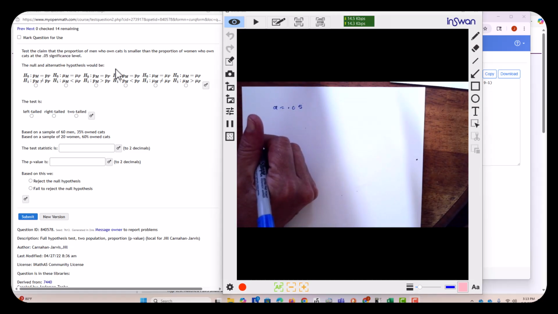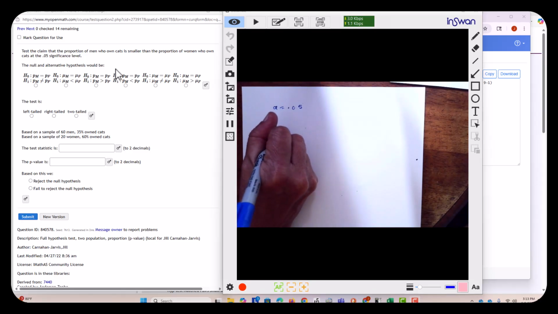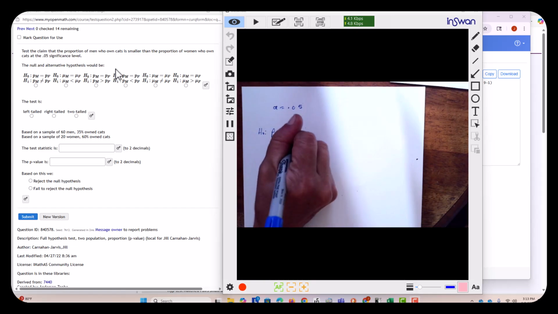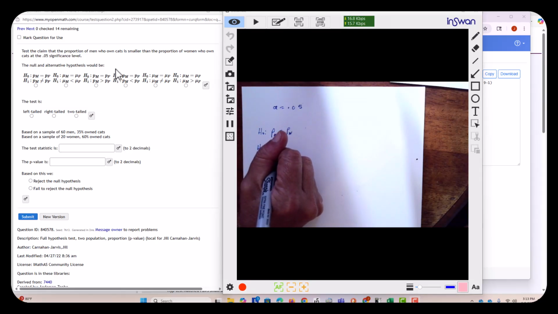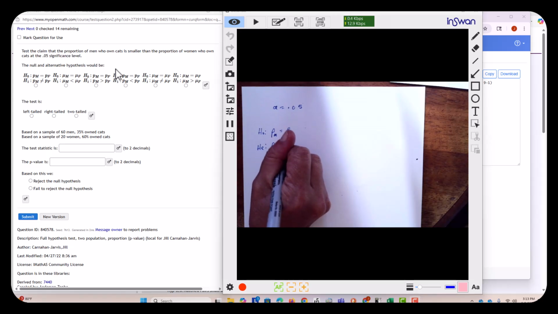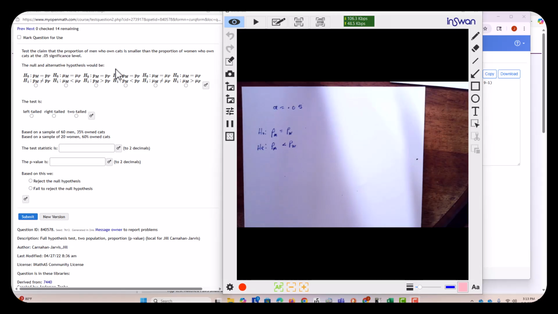So your null is going to be H sub 0: proportion P sub men is equal to proportion of women, H sub A. Again, the proportion is the percentage that own the cats, and they think that the proportion of men is going to be smaller or less than the proportion for women.